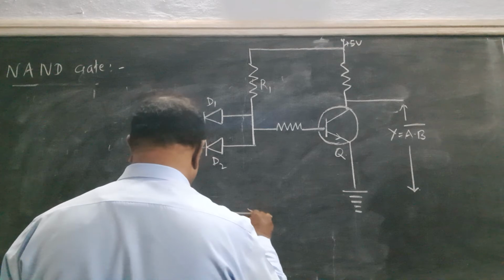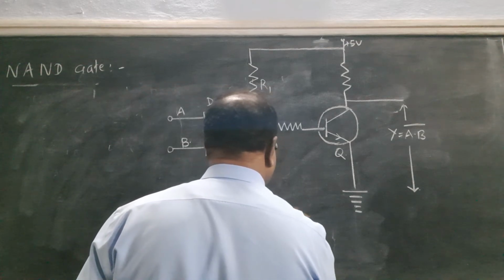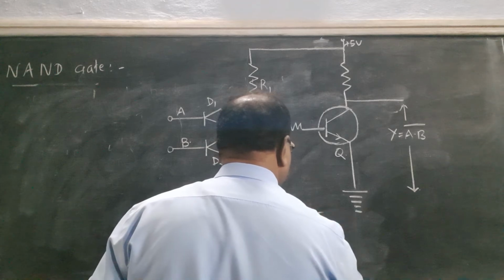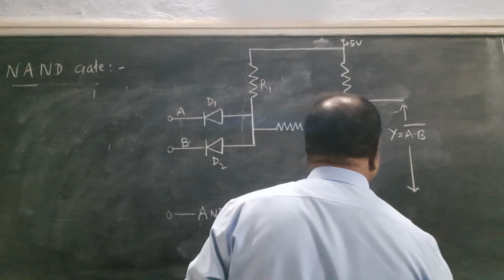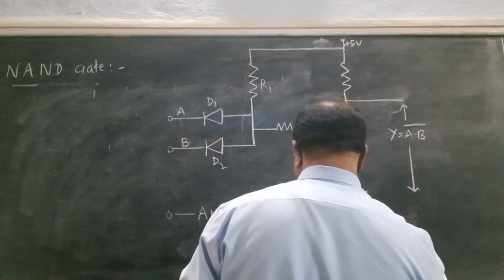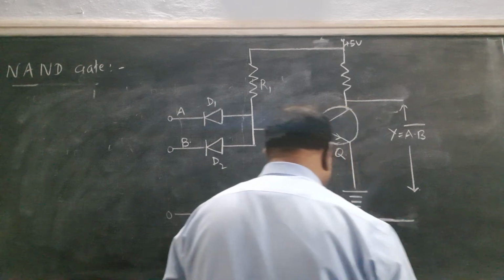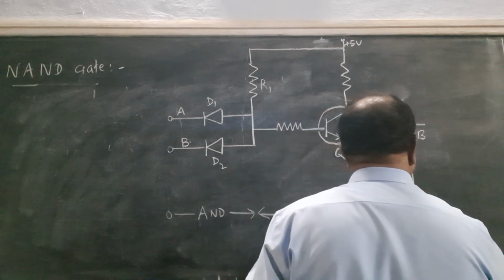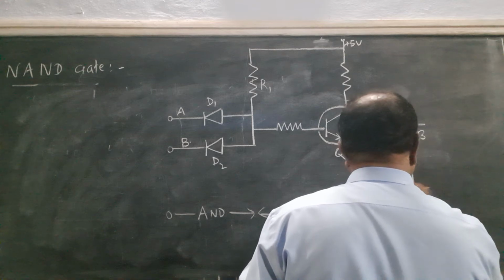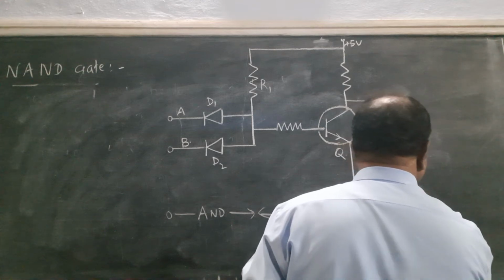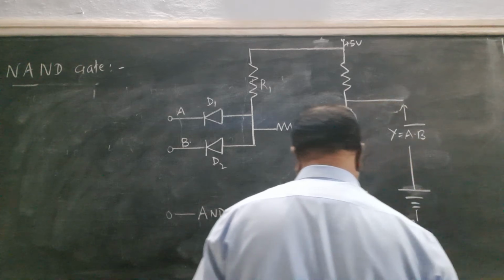Then from here up to here it is acting like a NOT gate. So the AND gate combined with the NOT gate gives you the combination of them. This is connected to a ground point, so you can connect this to the ground point, right?